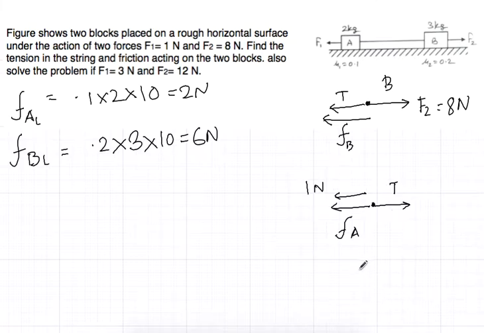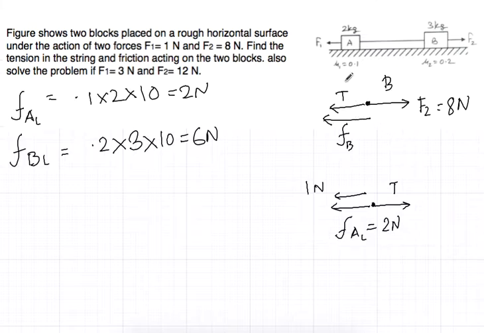Now the maximum value of FA is 2 Newton, right? So the maximum force which this can withstand is T of 3 Newton, because the limiting value of FA equals 2 Newton. So T has to be greater than 3 Newton so that this body is moving.